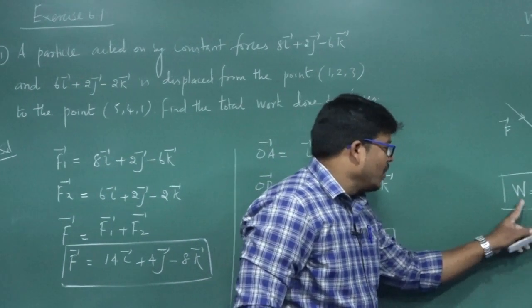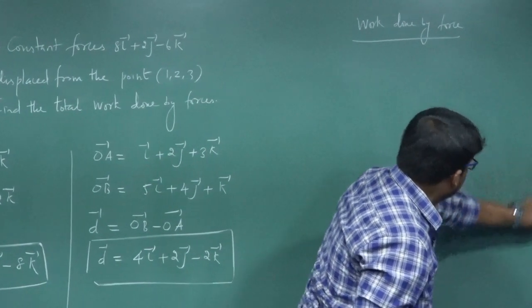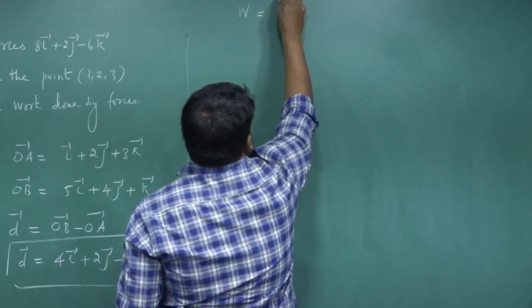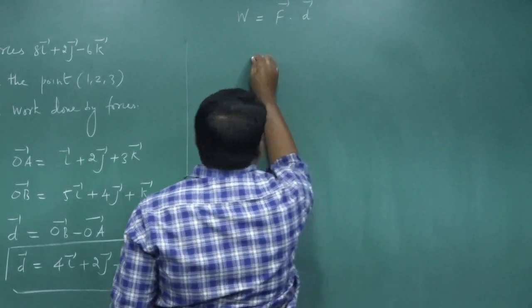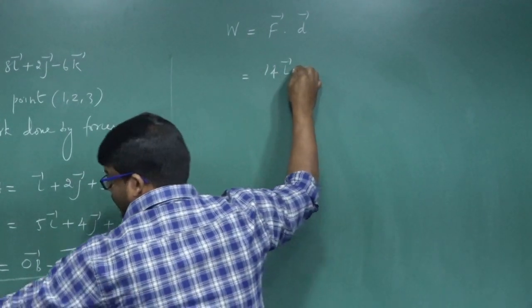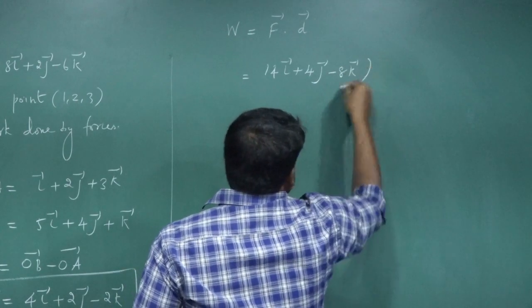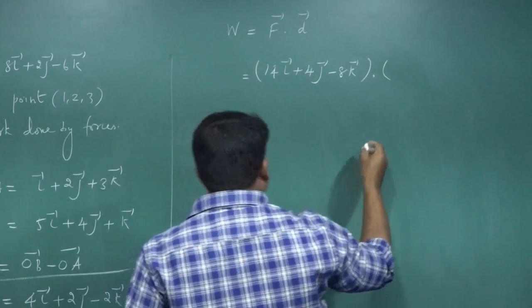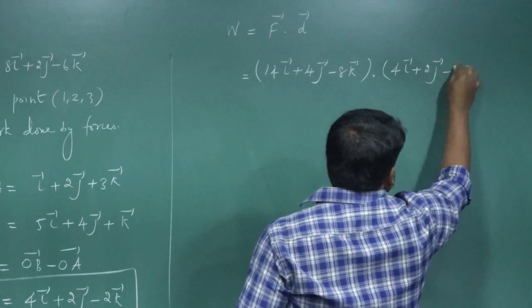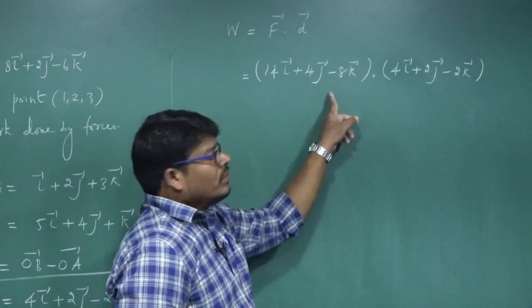The F vector is 14i plus 4j minus 8k, dot the d vector, which is 4i plus 2j minus 2k.